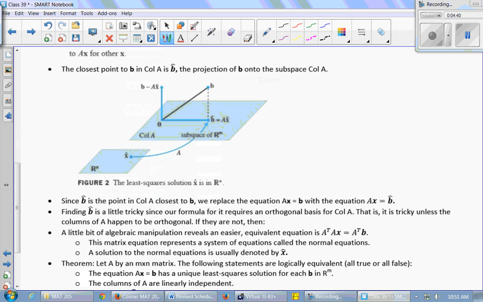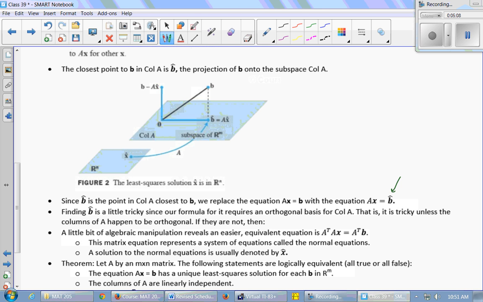It's just the projection b hat, which remember we found was b dot u over u dot u times u, and the u's were an orthogonal basis for the column space. All right, so b hat is the point in Col A closest to b. So instead of solving the equation Ax equals b, we're going to try to solve the equation Ax equals b hat.